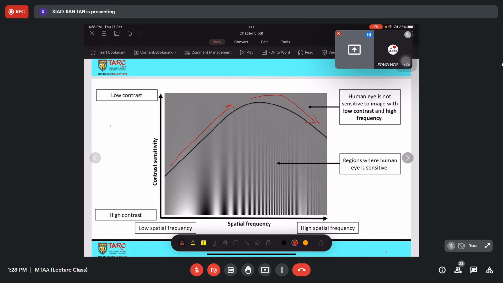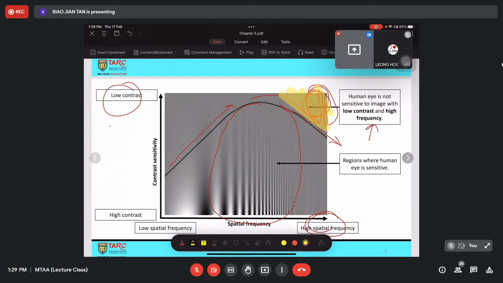What is meant by this is the region where you have the middle, look at this one. The human eye is not sensitive to images with low contrast and high frequency. Since this area is low contrast and also high frequency, the graph decreases here, which means in this area the human eye is not sensitive at all.